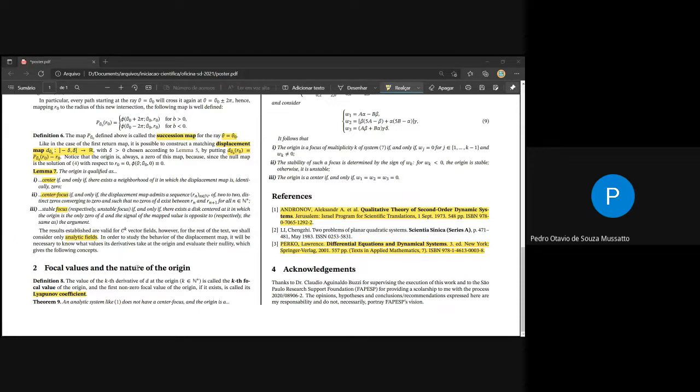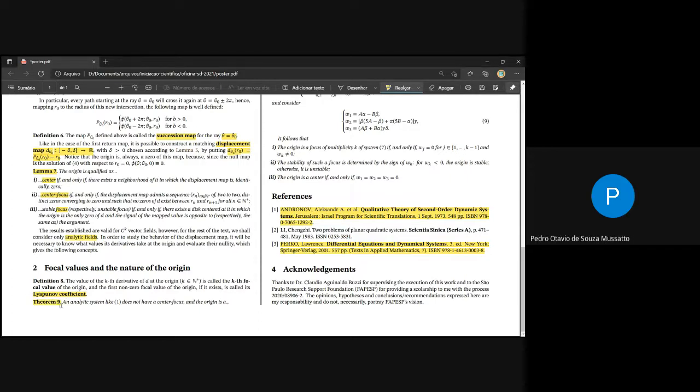So no second focal value being nonzero. It's always the third, the fifth, the seventh, the ninth, the 11th, and so on. And it can by itself tell the whole story.